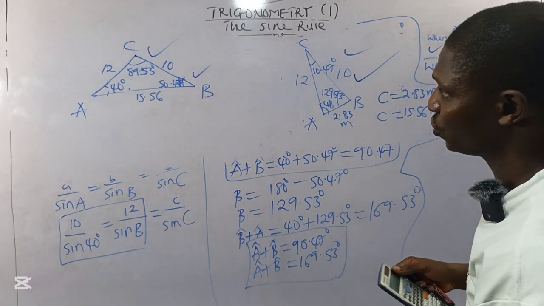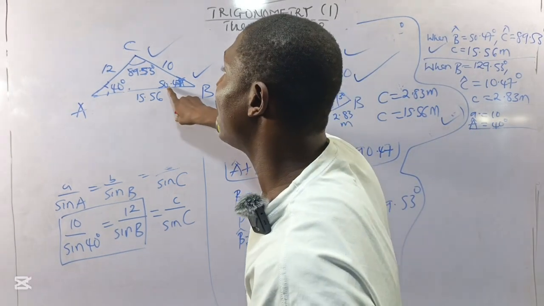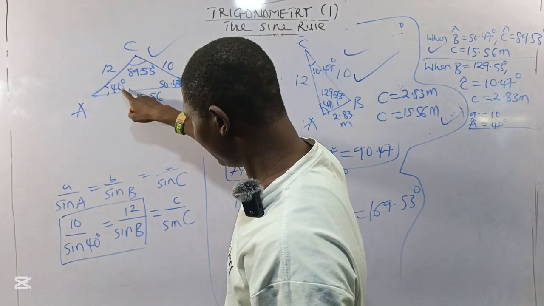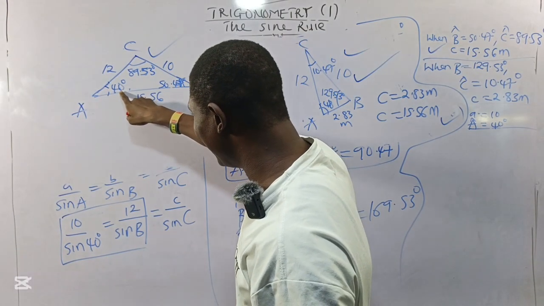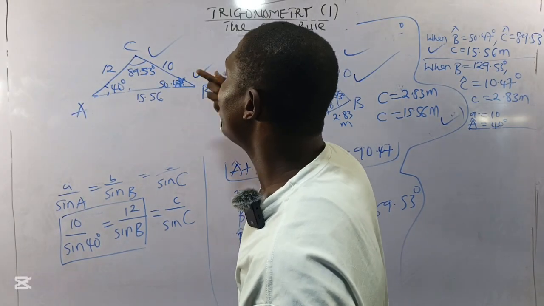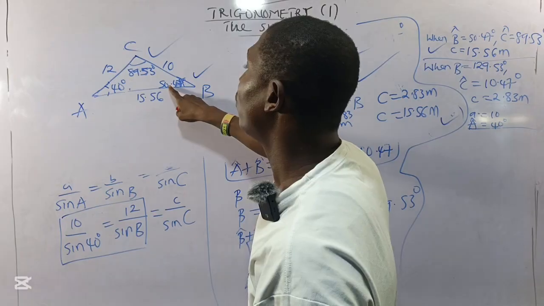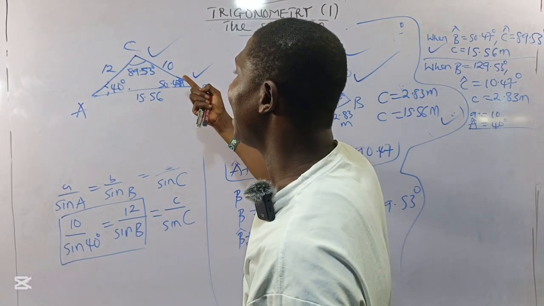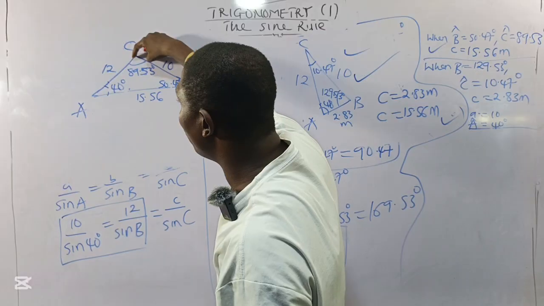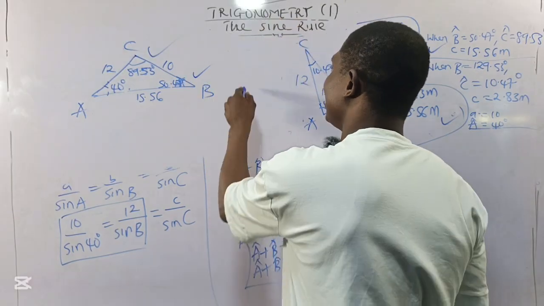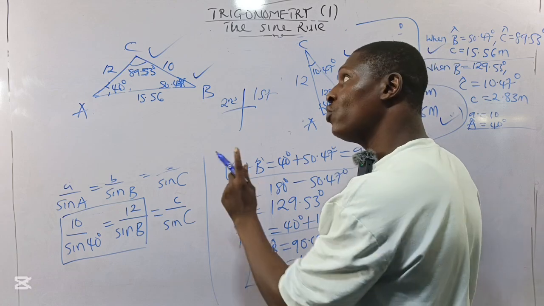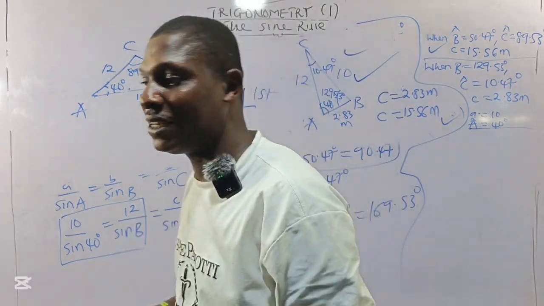Take note how this was solved, because when we get our first value for B, we realize that even when we add it to the first angle given, which is A, we still see that we have a value that is enough for C. And even when we subtract it from 180 and add to 40, it still gives us a value that C can equally exist, because sine is positive both in the first and in the second quadrant. So take note of a question of this kind.